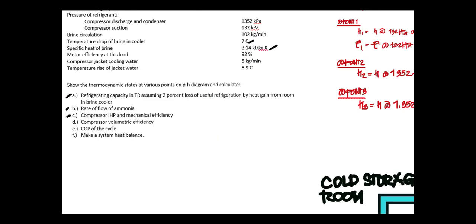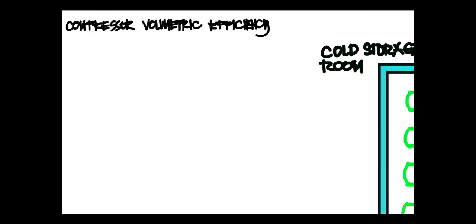Next we'll be computing the compressor volumetric efficiency. The volumetric efficiency is equal to the volume at point 1 divided by the volume displaced by the compressor.